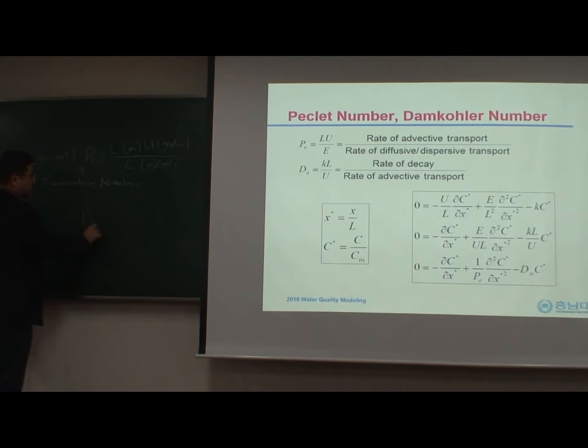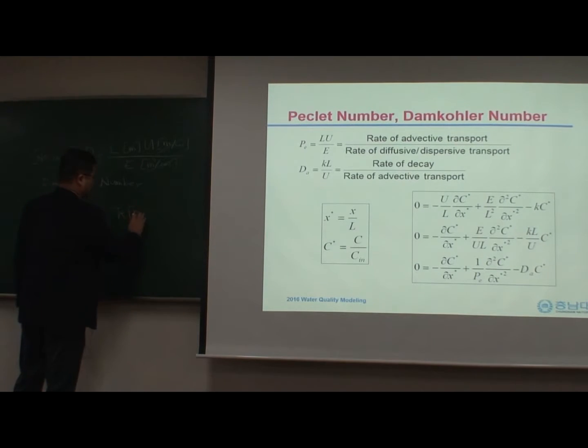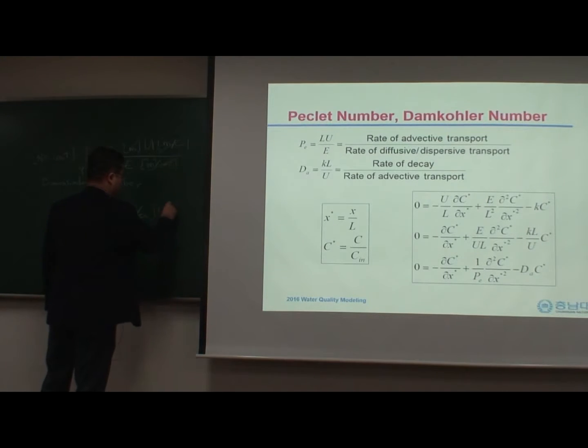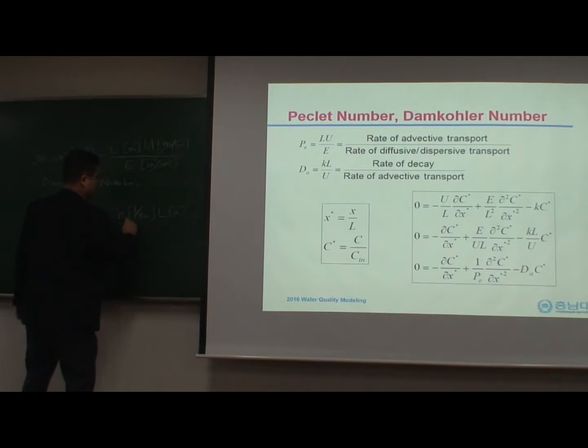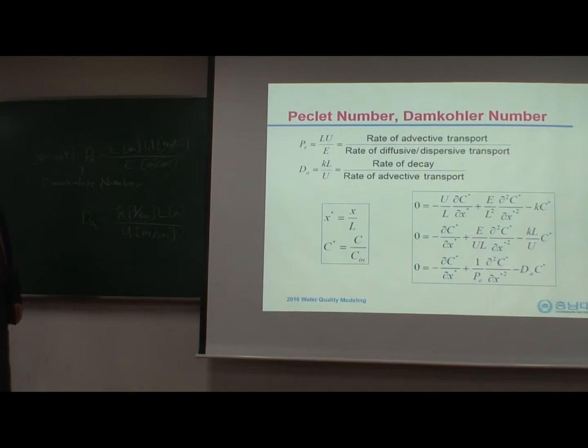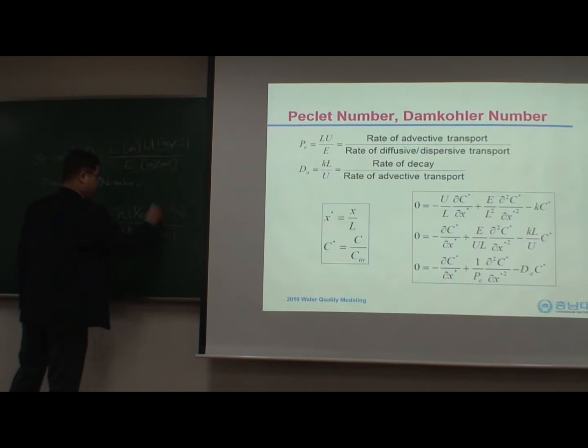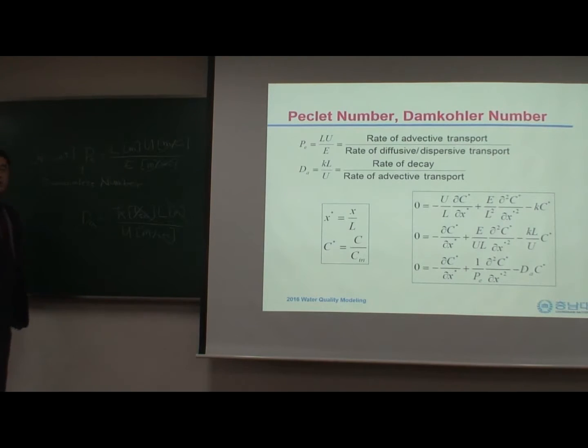Okay, for the Damkohler number, if that is defined as k, which is 1 per, let's try to keep a similar expression. If you take a look at this one, we also find we can cancel their units.